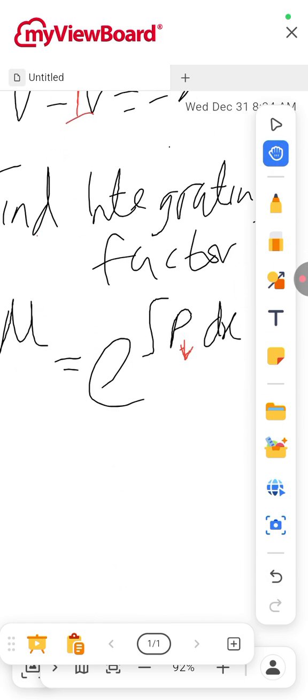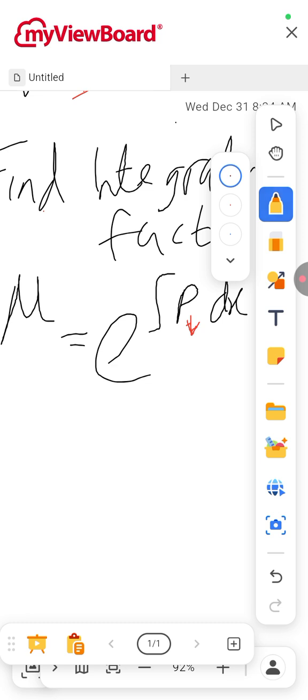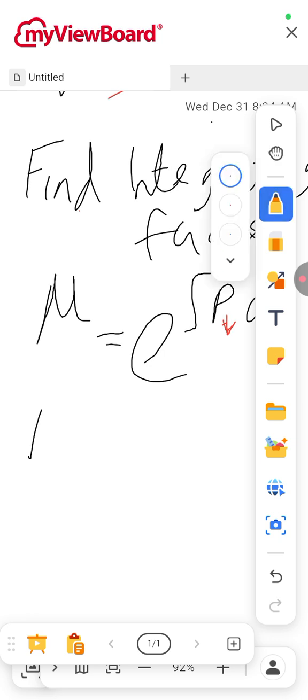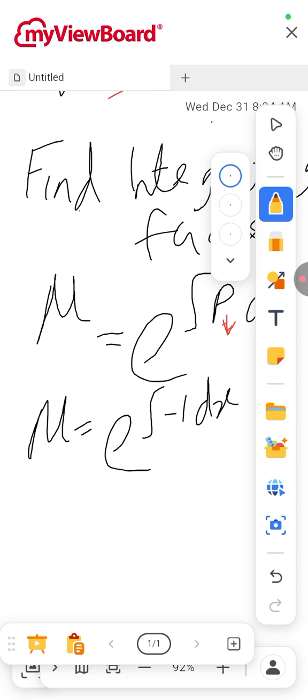So which means that my integrating factor mu is equal to e raised to power integration of -1 dx. Now, that's why you have to know various integration techniques. I believe you know how to integrate this already.